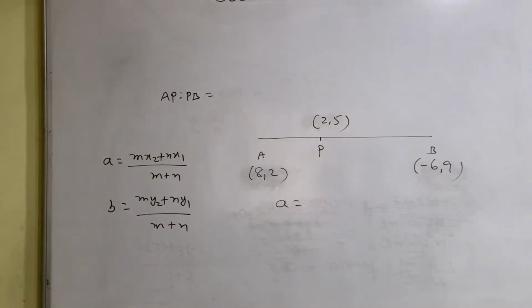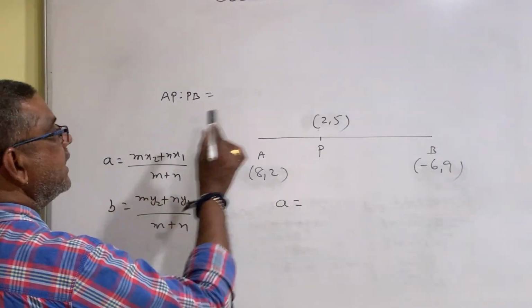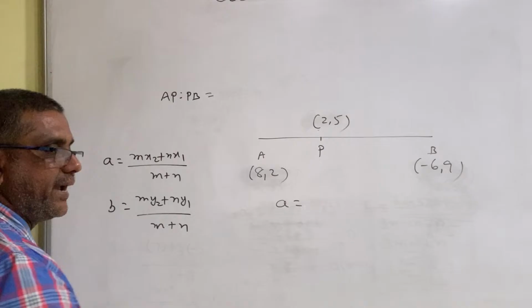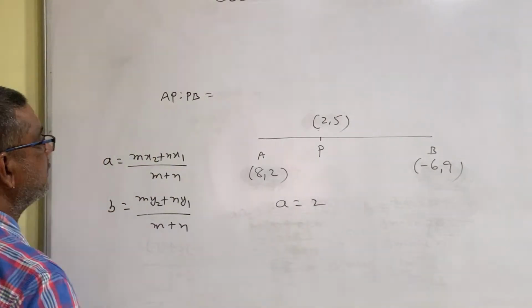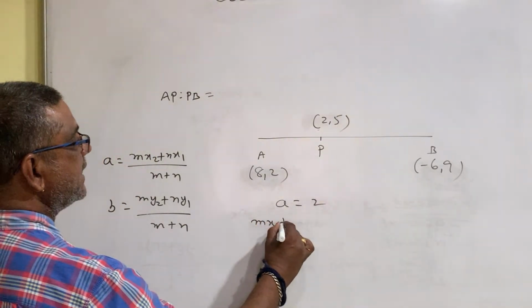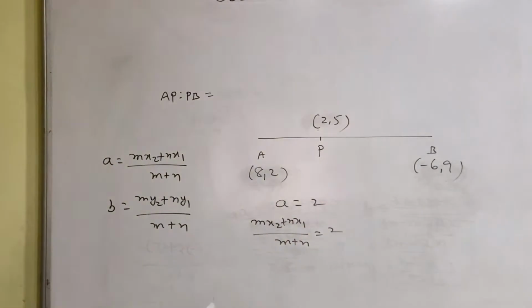A value is 2, B value is 5. Now I am considering A equal to 2. Now the formula is mx2 plus nx1 by m plus n is equal to 2. Now substitute the values and find out m by n, children.